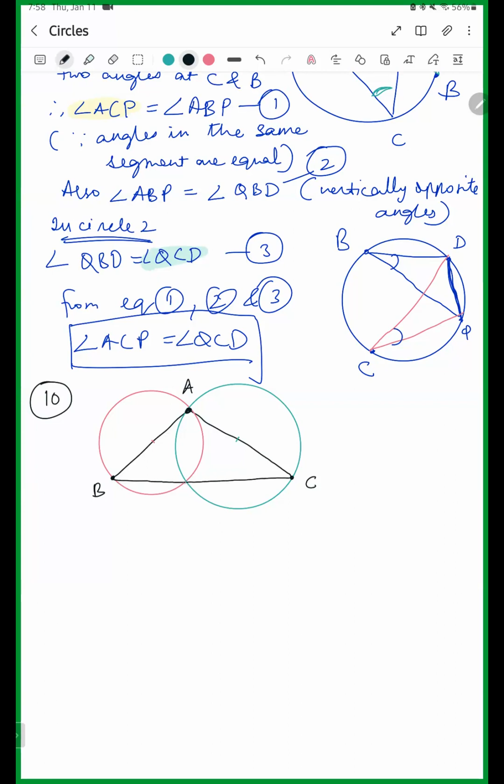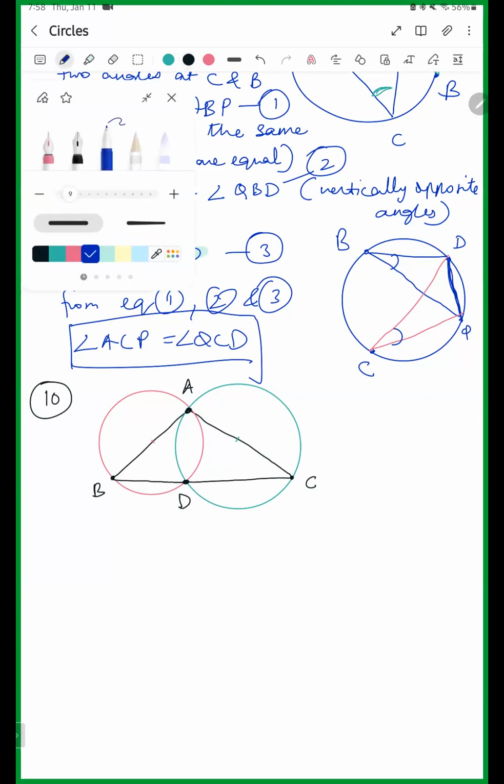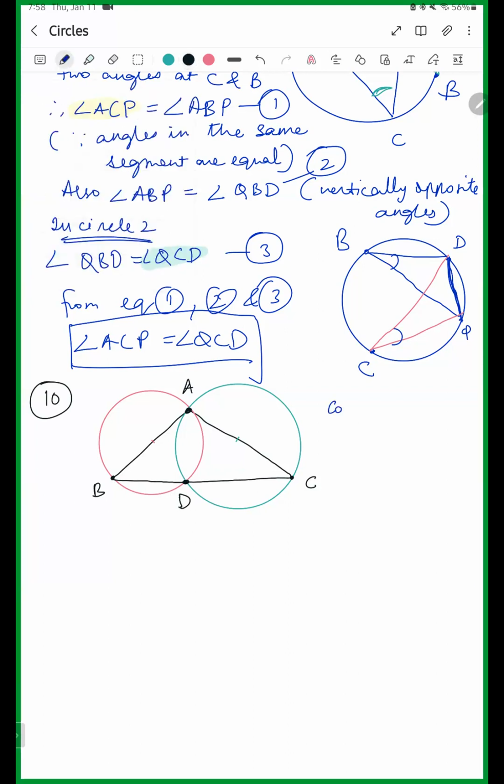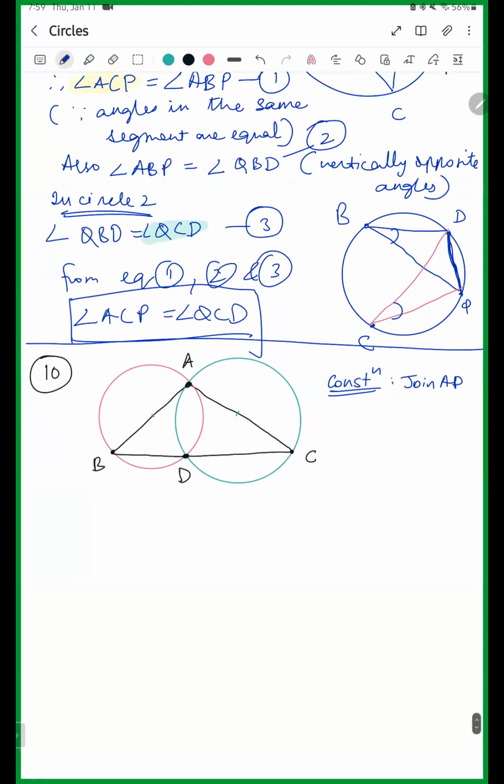And we have to prove that the point of intersection of these two circles lies on the third side. So construction, we are going to have to do construction here. Join AD.